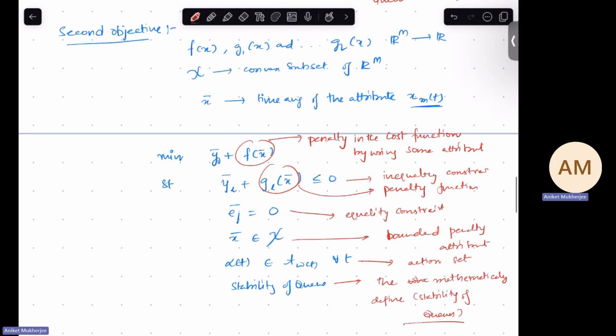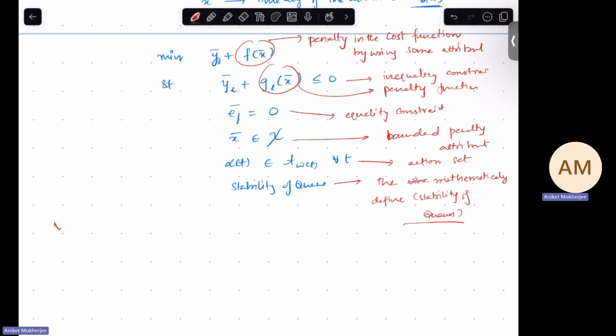Here I'll try to introduce a term known as virtual queue. We'll sometimes define virtual queues so as to convert the problem into a different type of problem.